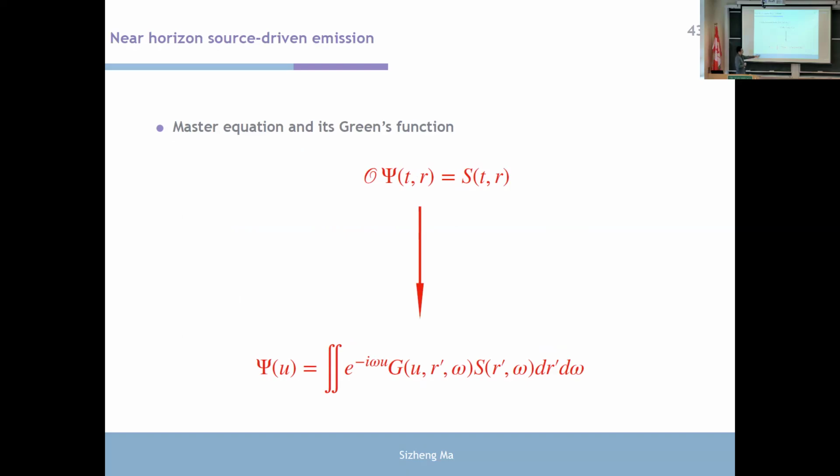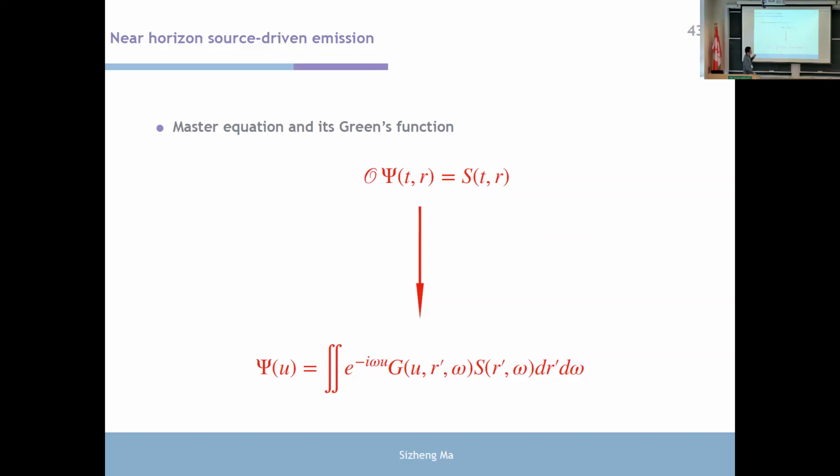So the total solution is given by the Green function convolved with the source term. As a result, as you can see, the total waveform is contributed not only by the Green function, including quasi-normal modes and the tail. There is also a piece contributed by the source term. And I believe Laura will also talk about this in her talk.